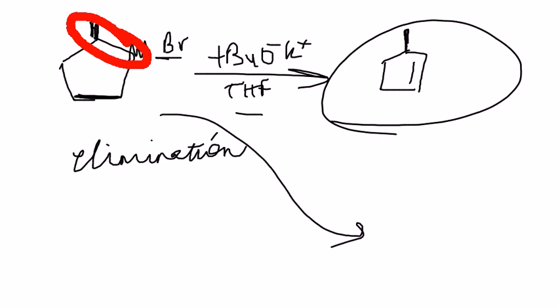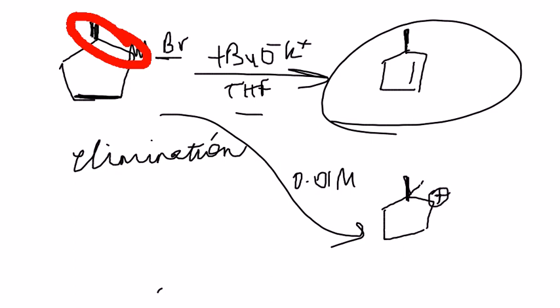On the other hand, if you would have used a somewhat weaker base, maybe even a lower concentration, 0.01 molar if it's specified, then you can perhaps envision that you are going to end up with a carbocation, right?